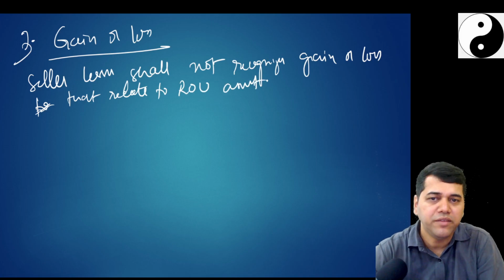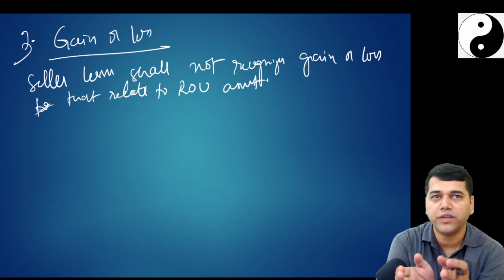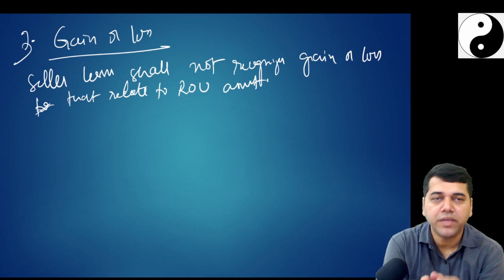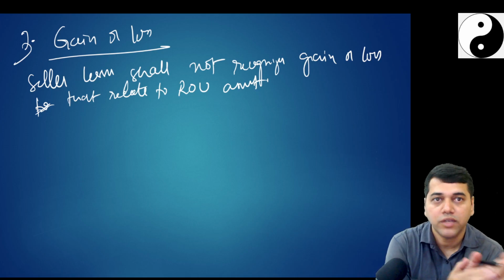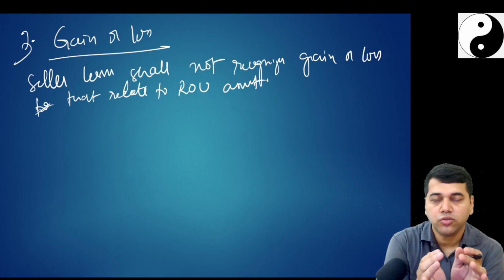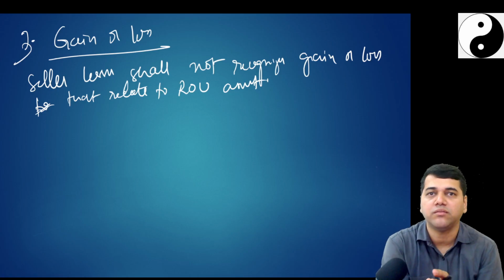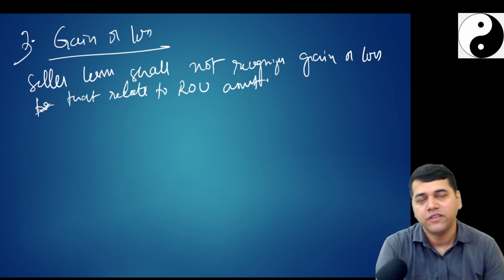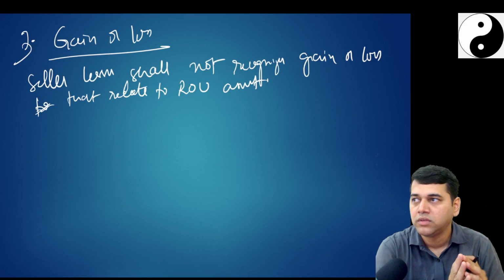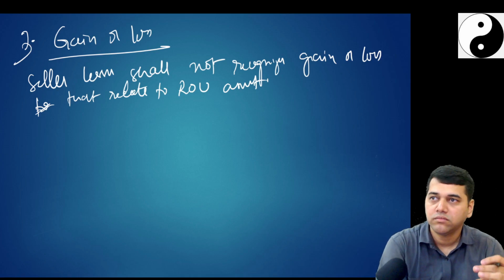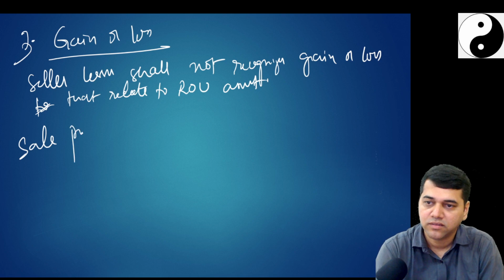See, previously you were using one building whose book value was 15, which was a PPE. Today that PPE got changed into ROU in proportion. So since the ROU is with you, to that extent you don't recognize any gain because you have your own asset. If that asset had completely gone out, you would have recognized the full amount, but it came back to you again. So what is the sale price?